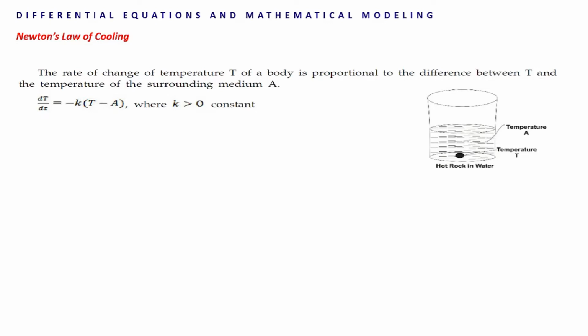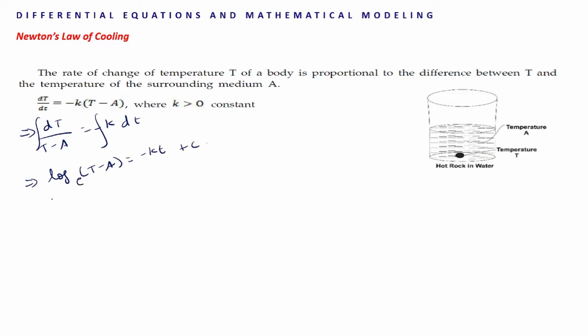So now let us derive the mathematical model for this using differential equations. Here we have dT by dt equal to minus k into T minus A. From this we have dT upon T minus A equal to minus k dt. Now we can integrate both sides. When we integrate both sides, we get log of T minus A equal to minus kt plus c.